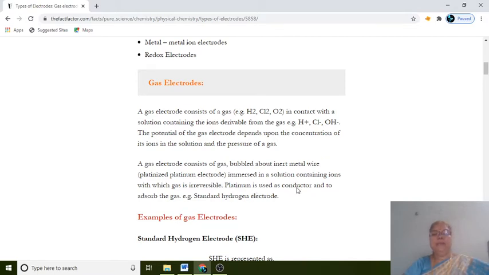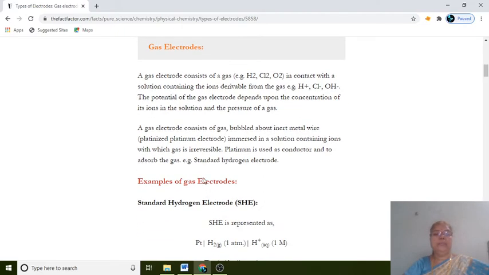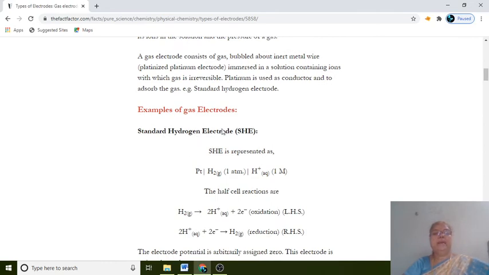Here, the platinum is used as a conductor and to absorb the gas. For example, the standard hydrogen electrode is represented as Pt, vertical line, H2 gas at 1 atmospheric pressure, and it is in contact with a solution containing H plus ions.